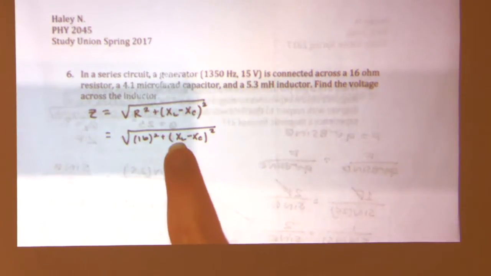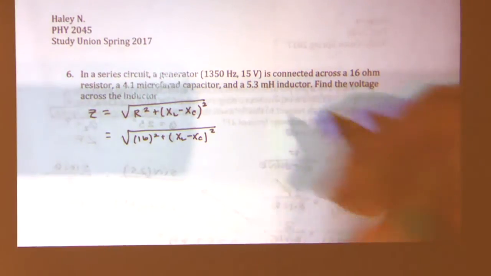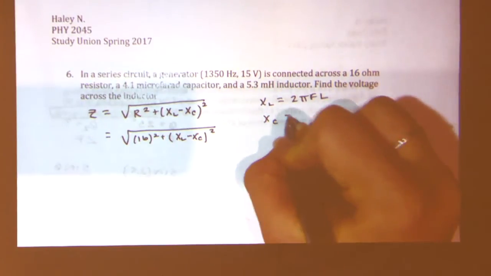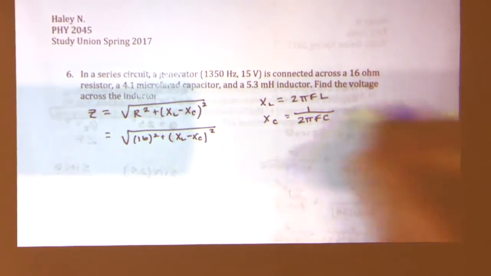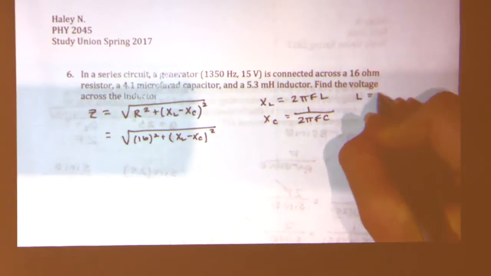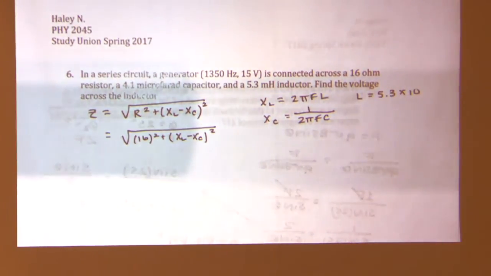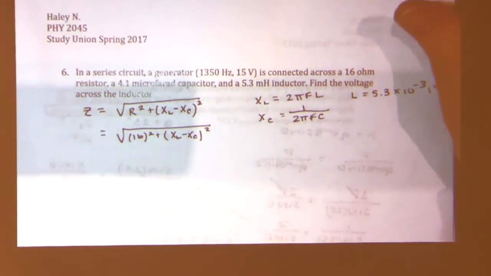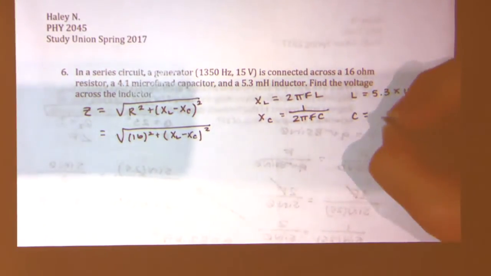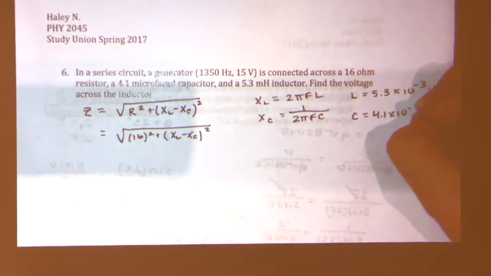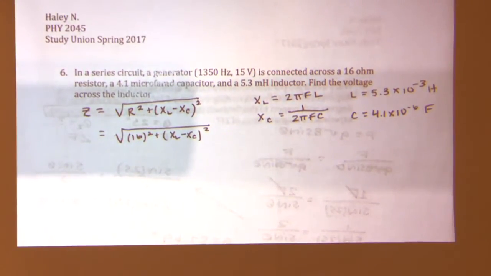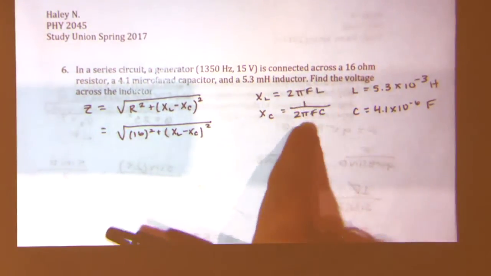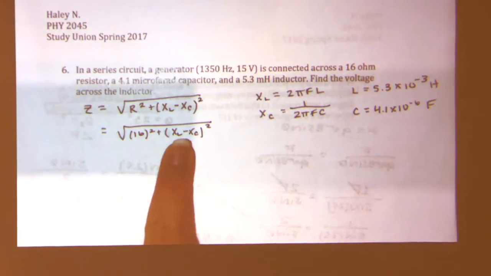So you'll have to solve for the inductive reactance XL as 2 pi FL and the capacitive reactance XC to be 1 over 2 pi FC, where our L is 5.3 times 10 to the negative 3 henries, and our capacitance is 4.1 times 10 to the negative 6 farads. I don't actually have all of that calculated out, but you will just plug these into both of these elements, and then whatever you get for these, you'll plug into the impedance.